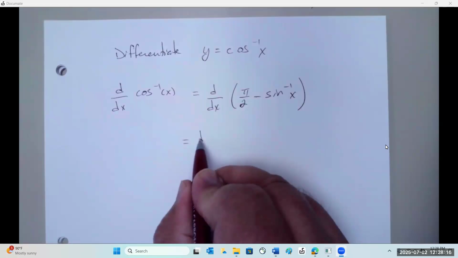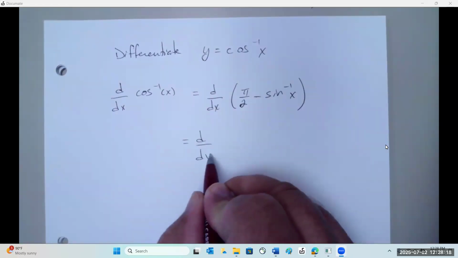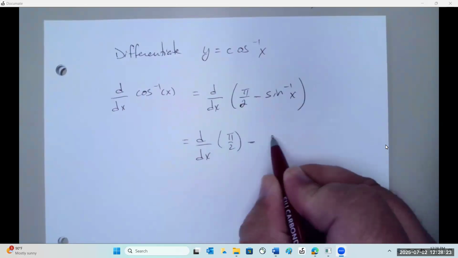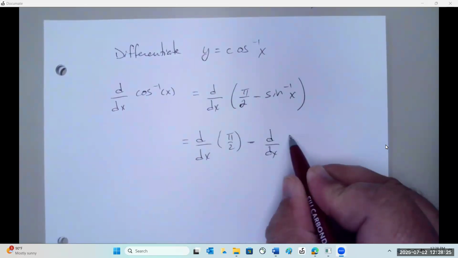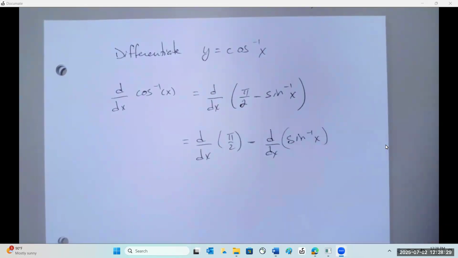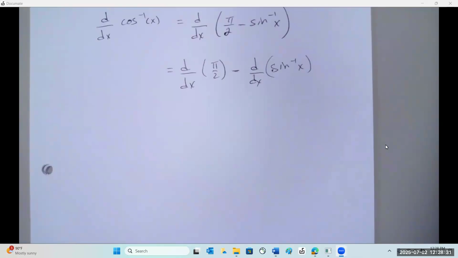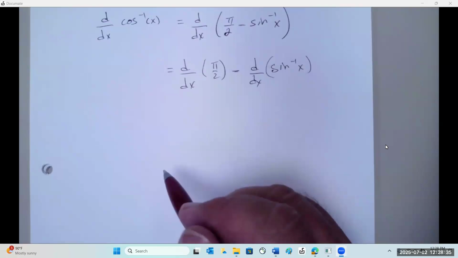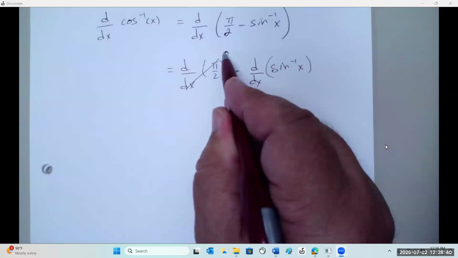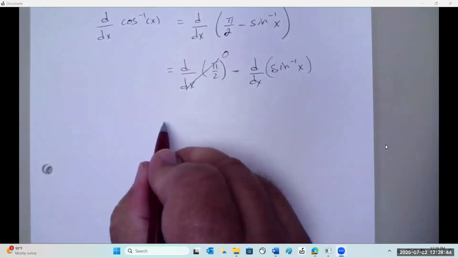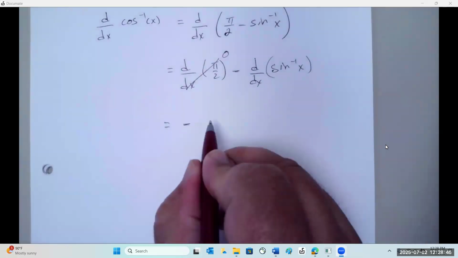Because what this one tells us is take the dy dx of pi over 2 minus the dy dx of the inverse of sine of x. What's the derivative of pi over 2? It's a constant. There is no value of x. So we just have to worry about the negative.